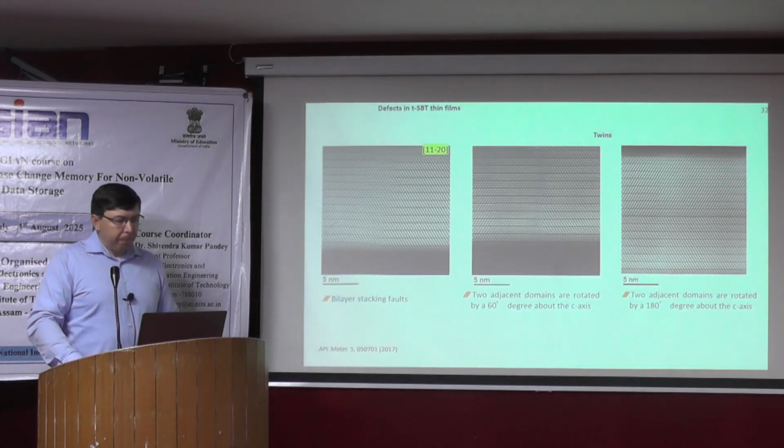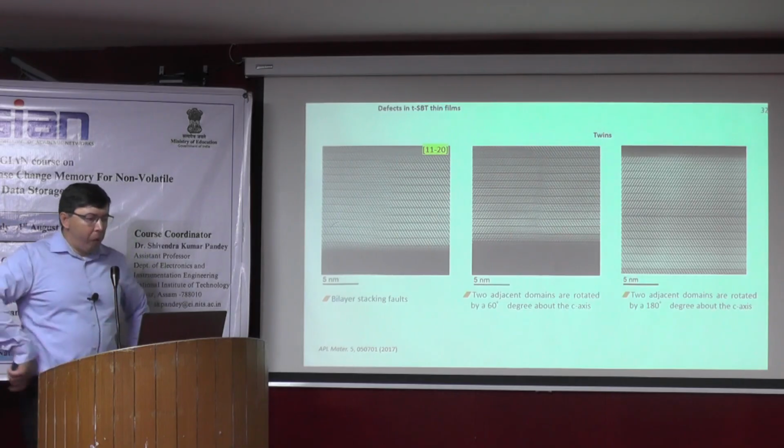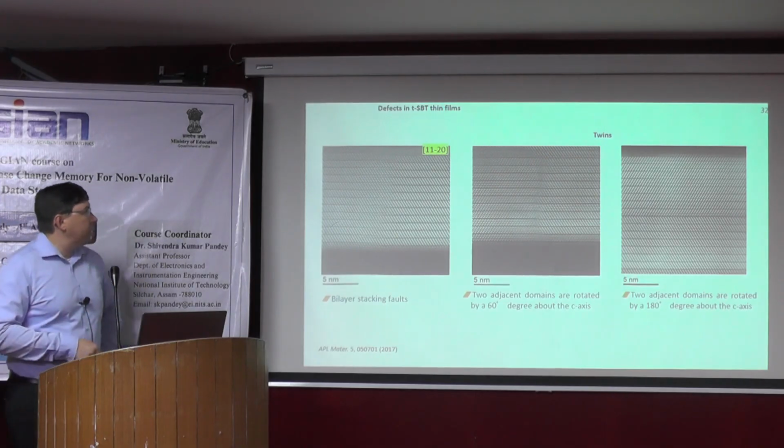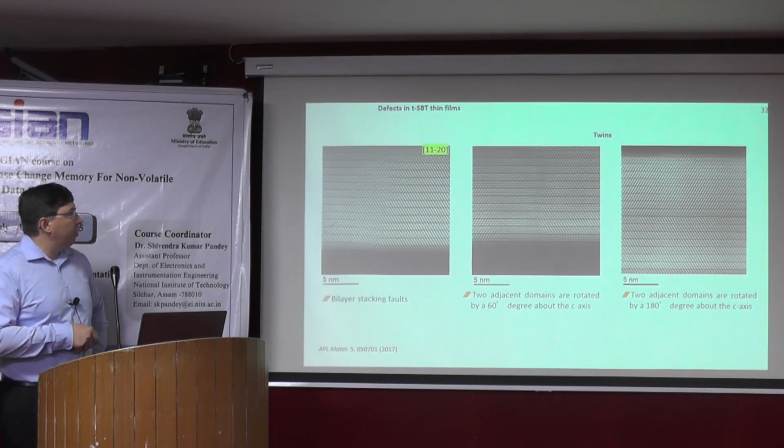Now to some defects in this system. One defect which we have already discussed is the bilayer defects which form in this system. But in this system we found the formation of periodic bilayer defects, like you can see here.